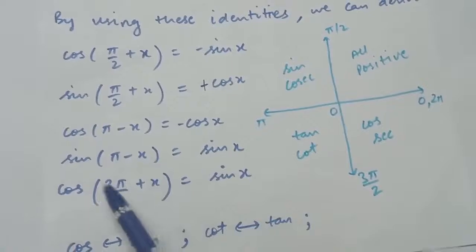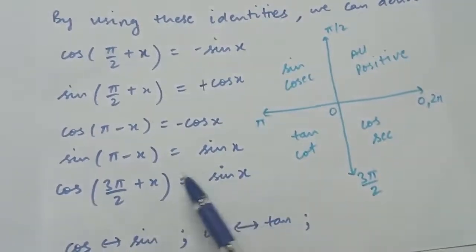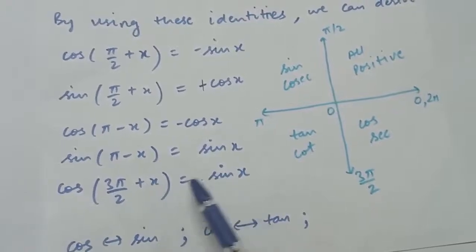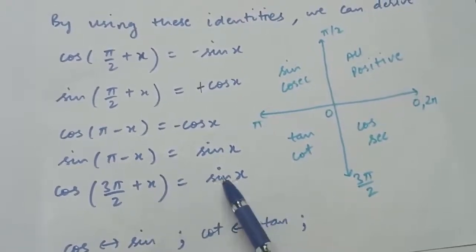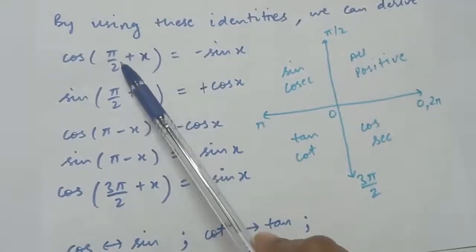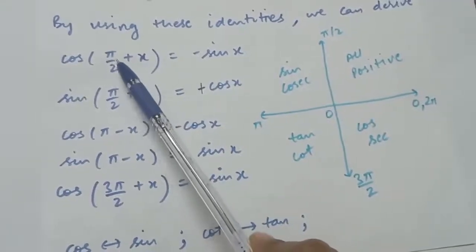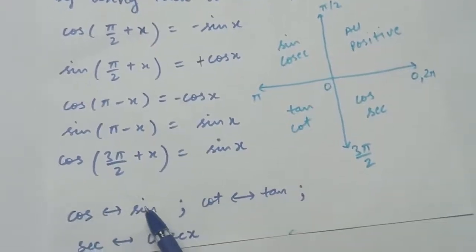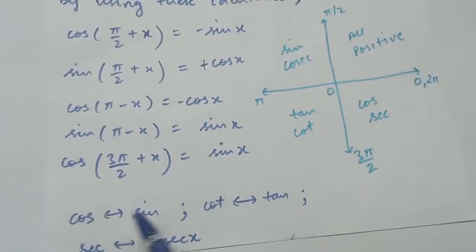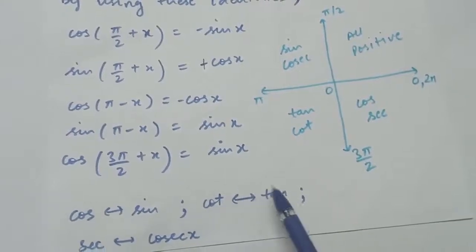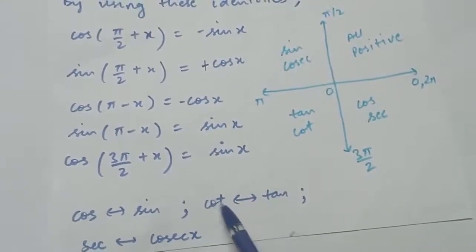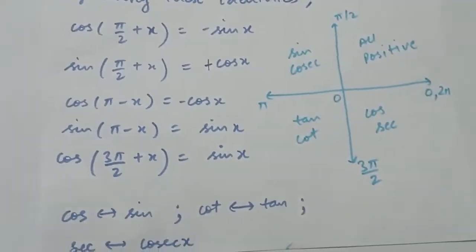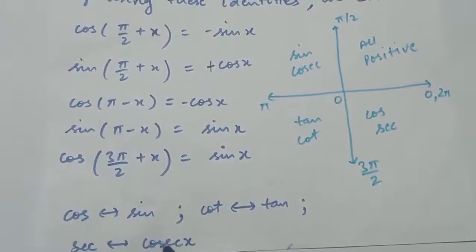Similarly at 3 pi by 2 cos changes to sin. Here it is cos 3 pi by 2 plus x, and on the right hand side this becomes sin x. So whenever it is pi by 2 or 3 pi by 2, cos changes to sin, sin changes to cos, cot changes to tan, tan changes to cot, secant changes to cosecant, and cosecant changes to secant, right?